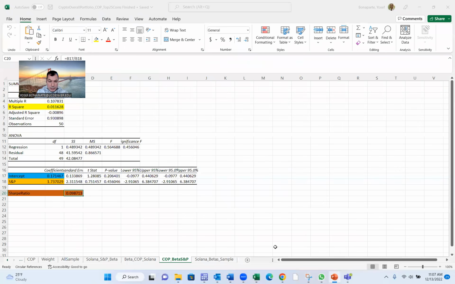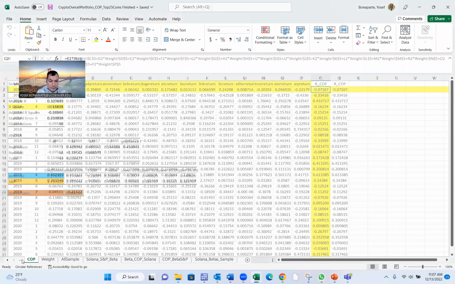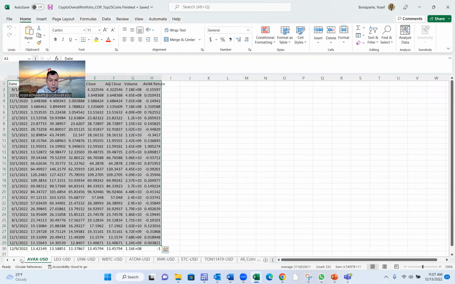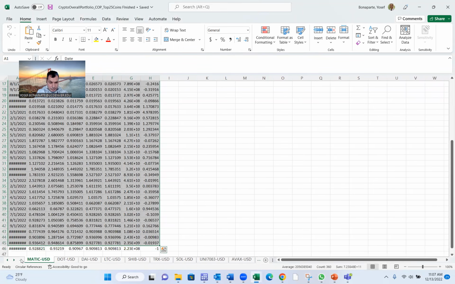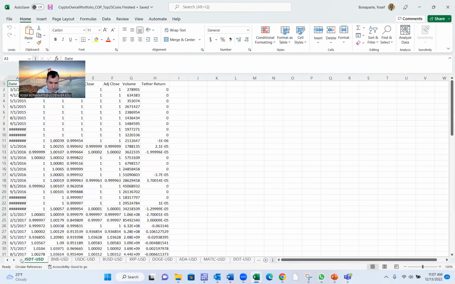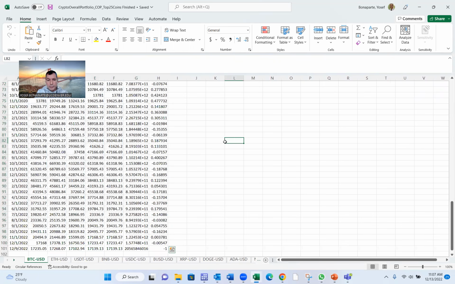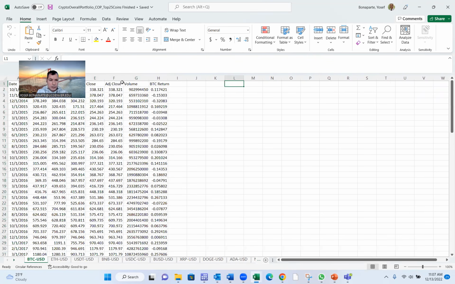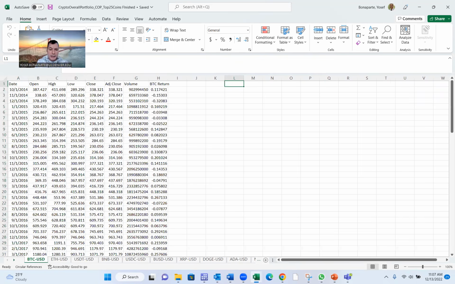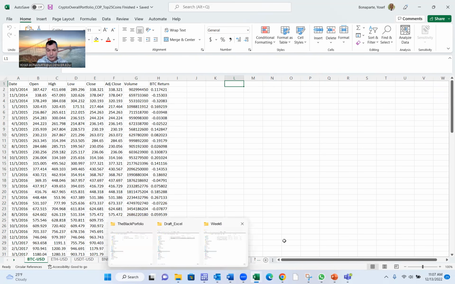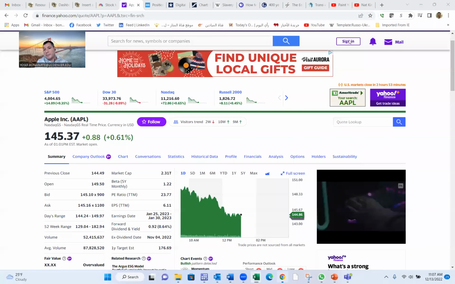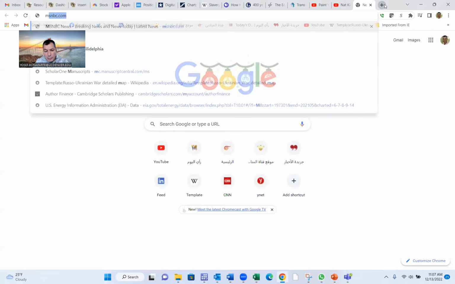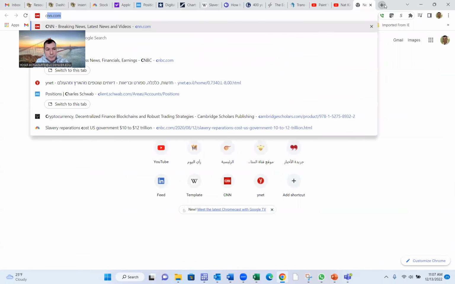Before recording this, I collected data for 25 top coins. This is Bitcoin, basically. I went to Yahoo Finance and collected the data for 25 top coins. I got the top coins based on crypto market cap.